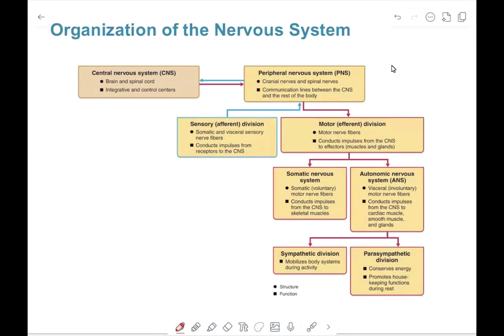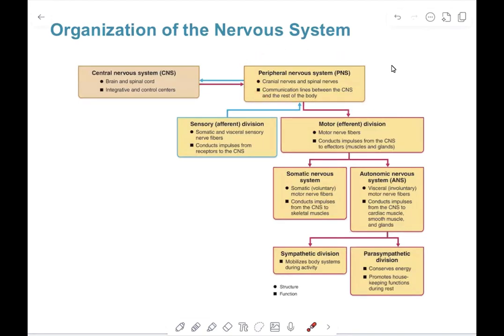So when we look at this flow chart, we can see the central nervous system shown here with the brain and the spinal cord. Its function is integrative and the control center. The peripheral nervous system is everything outside of that, which we're going to cover in chapter 13.